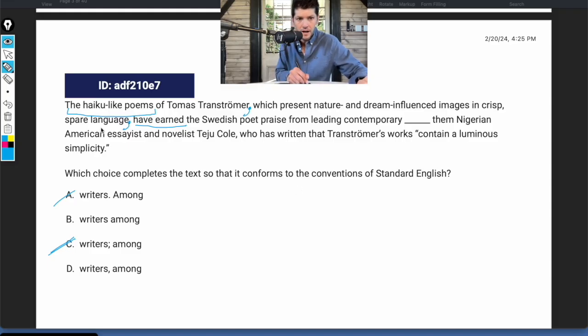So really what we have here, I'll cross this piece off to simplify, and I'll even cross off the prepositional phrase to simplify. The haiku-like poems, see this set of commas working like parentheses here and here? The haiku-like poems have earned the poet praise from leading contemporary writers.